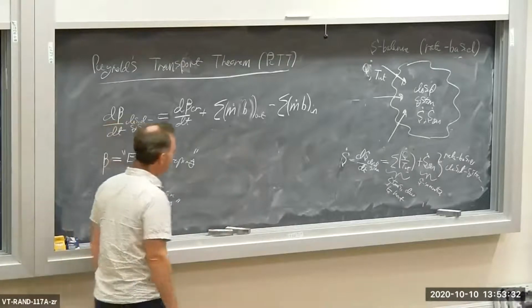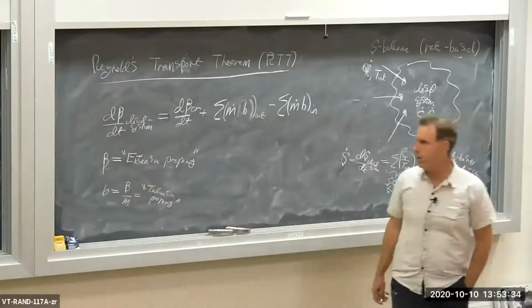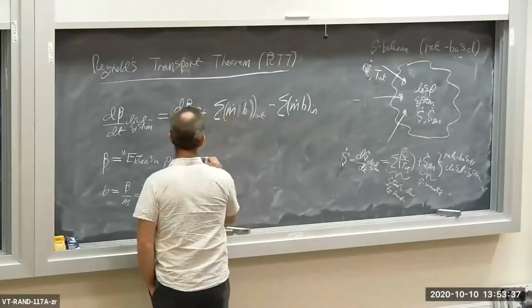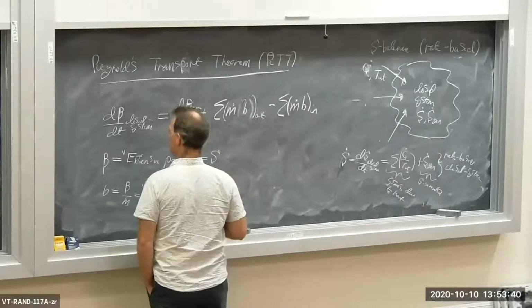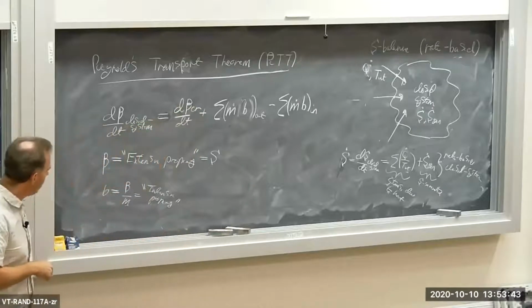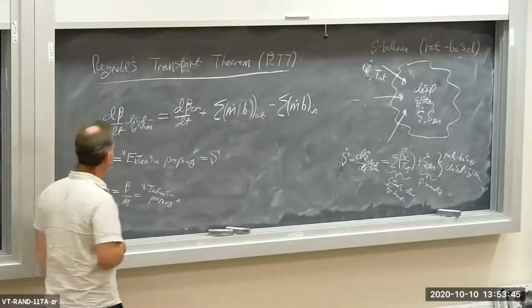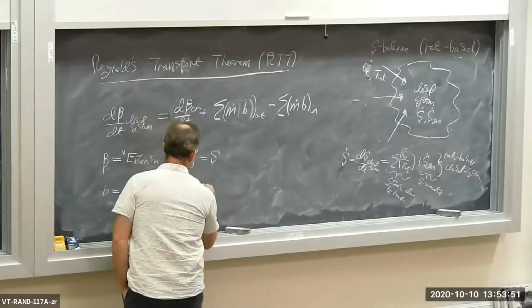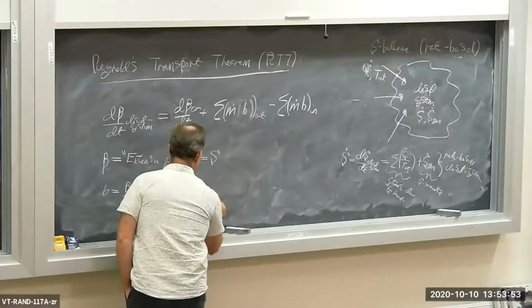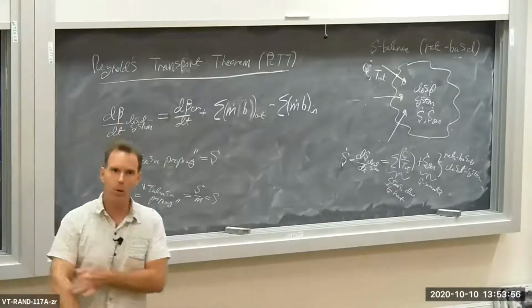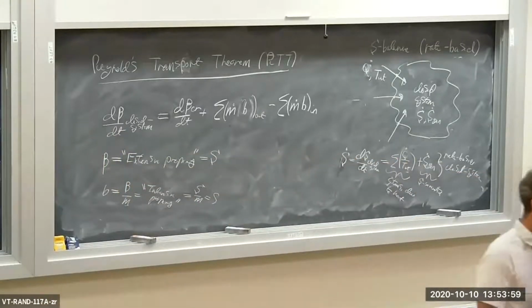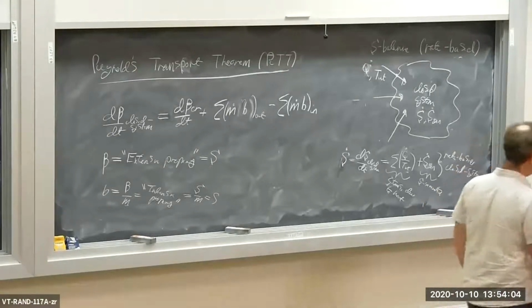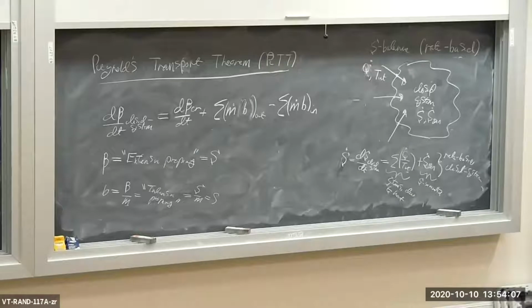Now, in the case of entropy then, for our closed system, we can write here that beta is equal to S. So we're going to apply the Reynolds transport theorem to entropy. So beta is equal to S, and beta per unit mass, S per unit mass, is lowercase s. So that's our convention for going from extensive to intensive properties. The extensive properties are typically uppercase, typically, not always, and the intensive equivalent, which is the property divided by mass, is lowercase.